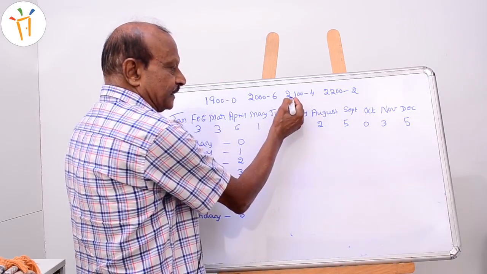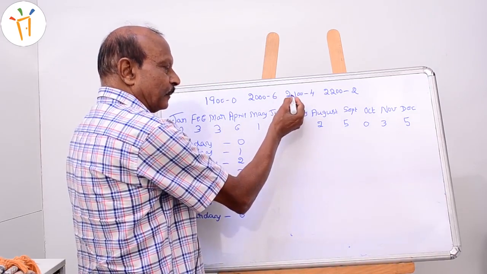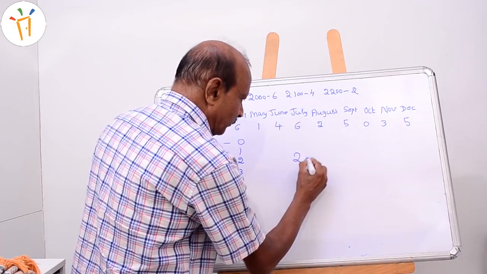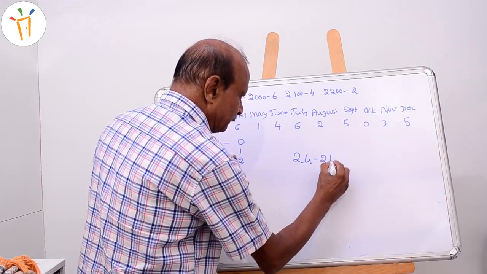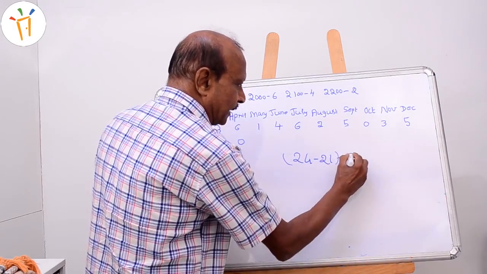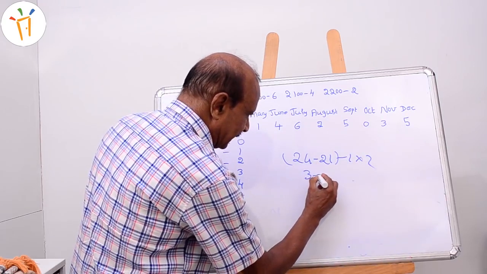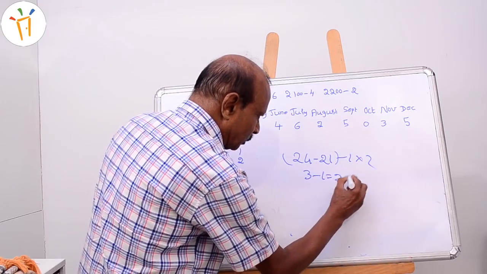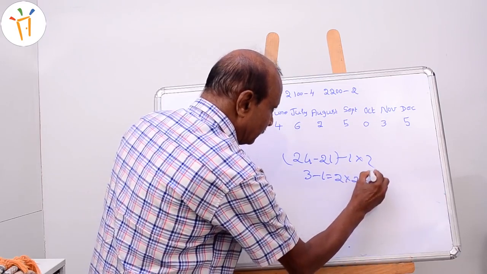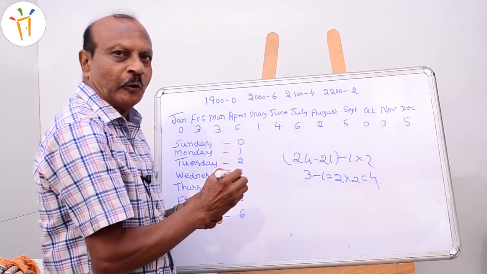Now I will show you how 2100. 2100 means 21 is there. Next number divisible by 4 is 24. 24 minus 21, minus 1, into 2. 24 minus 21 is equal to 3. 3 minus 1 is equal to 2. 2 into 2 is equal to 4. That is the code number 4.